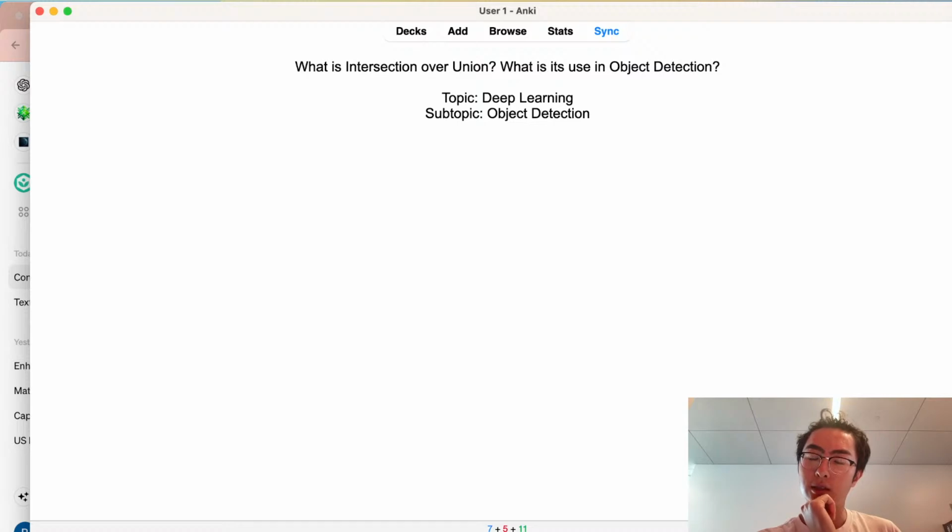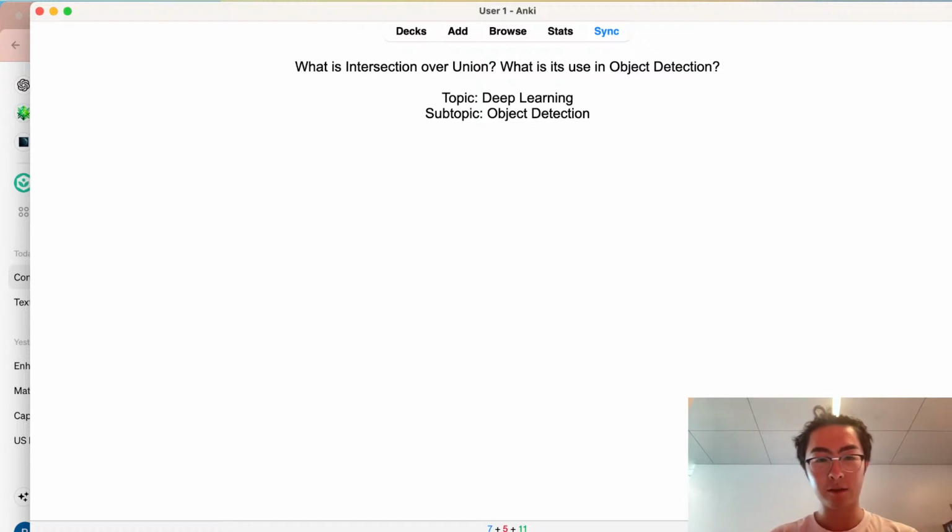What is its use in object detection? So what I'm thinking of object detection is just putting boxes around different objects. Intersection over union could be thought of as you have the ground truth, which is the box that perfectly represents, let's say, a cat. And then you have your guess, which is a box that you think would represent a cat. To measure the accuracy, or the intersection over union, you see how much overlap those two boxes have on each other.